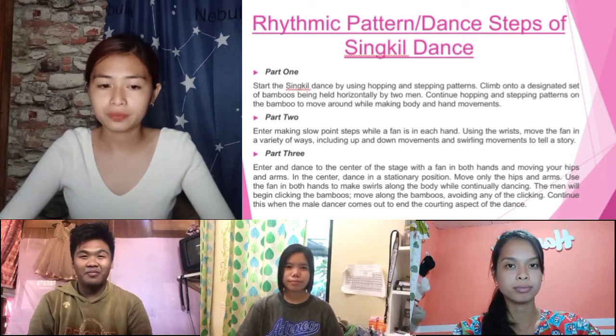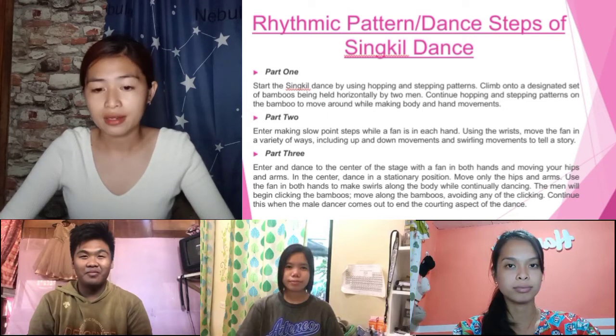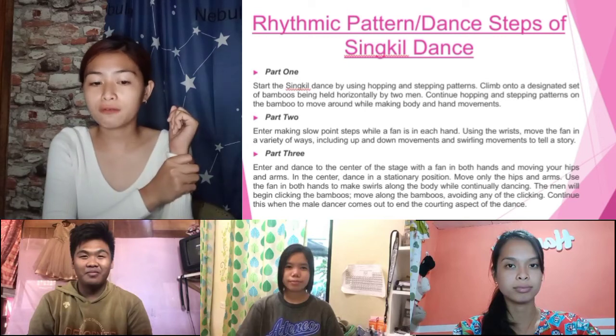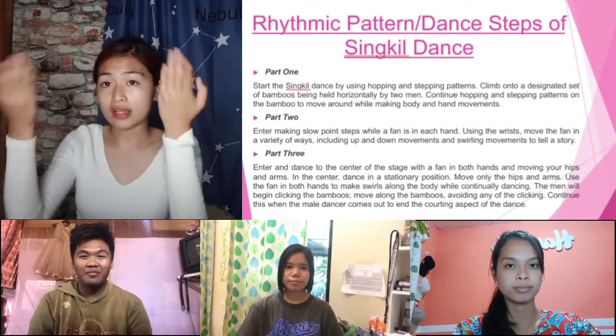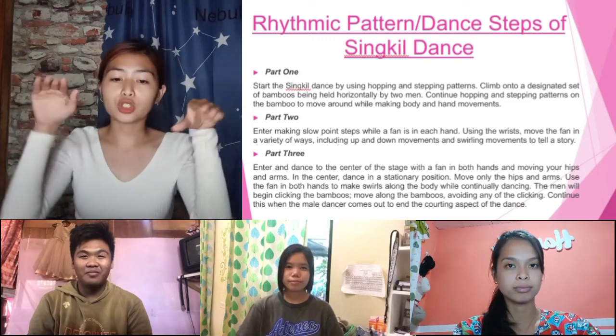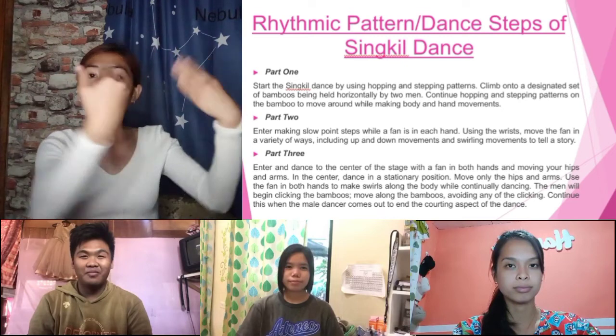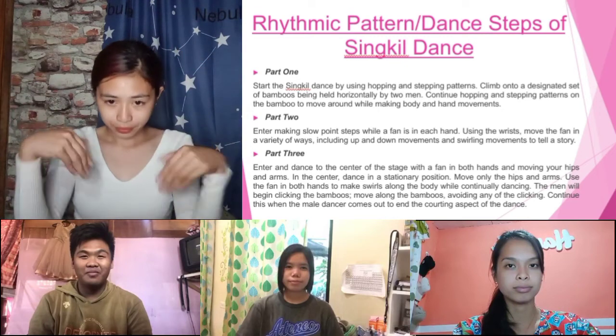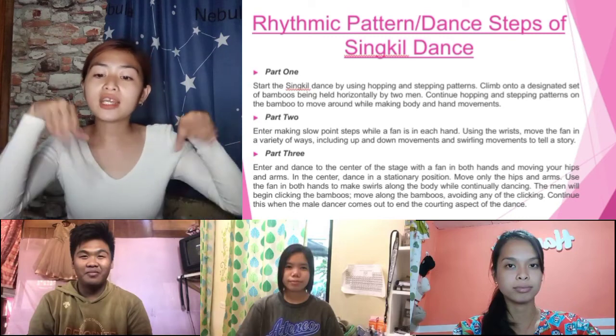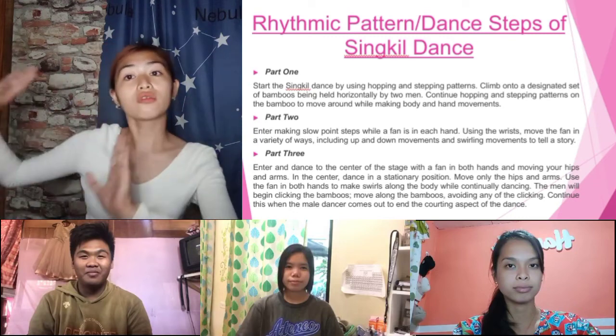Part 2. Enter making slow pointed steps with a fan in each hand. Using the wrists, move the fan in a variety of ways, including up and down movement and swirling movement to tell a story.